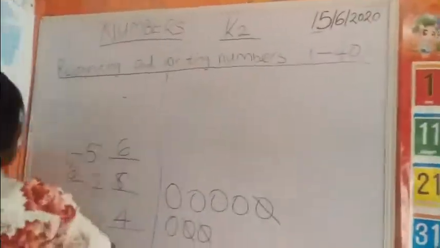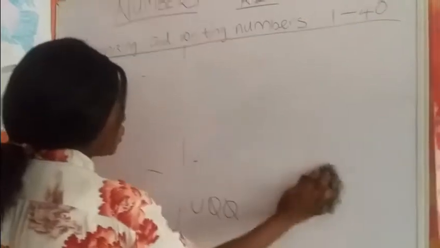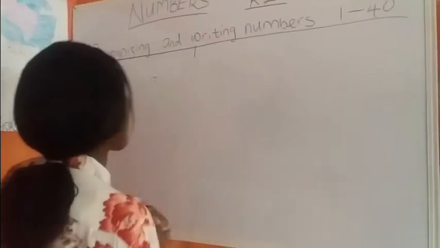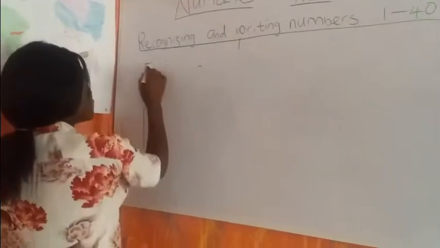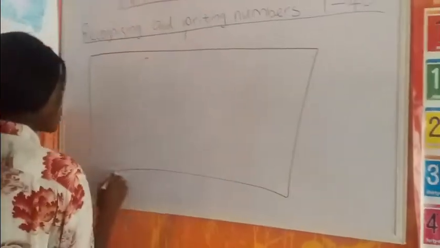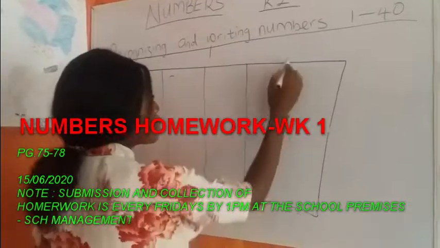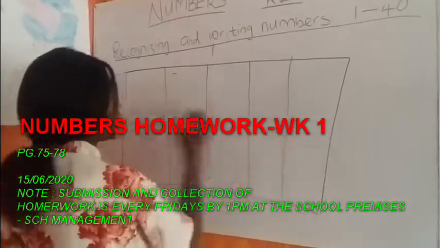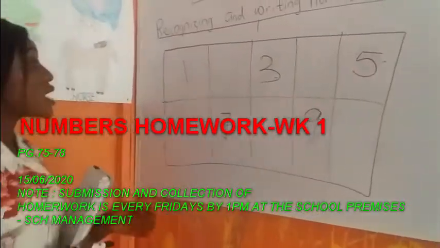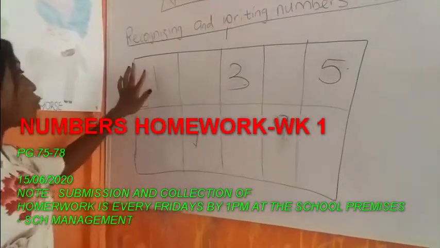For instance, if we have numbers 1 to 10 in this box, when you're counting or saying your numbers, we have 1.